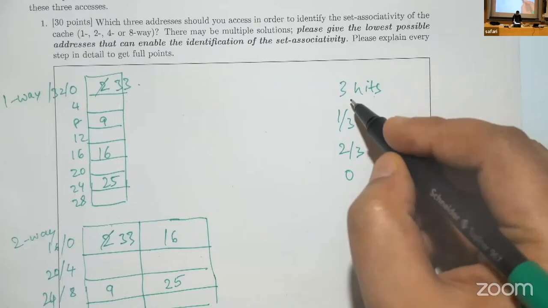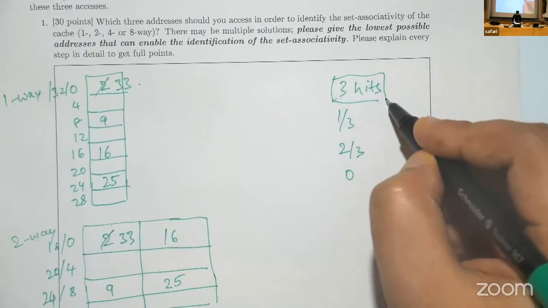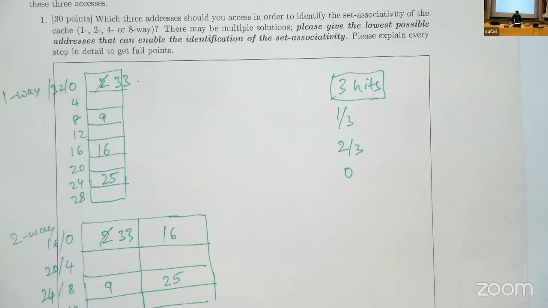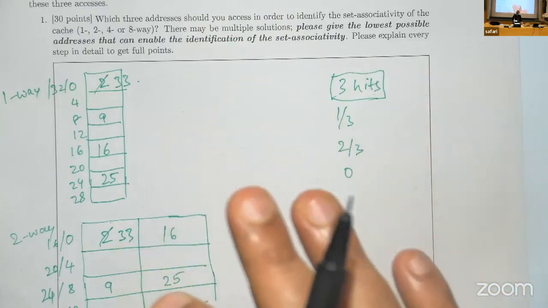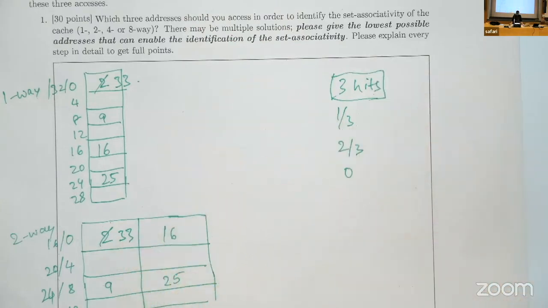Considering that you need to have 3 hits in one of the associativities, the trick is to find 3 addresses which are already among the initial 5 addresses that the application accessed, so that you will always have a hit.